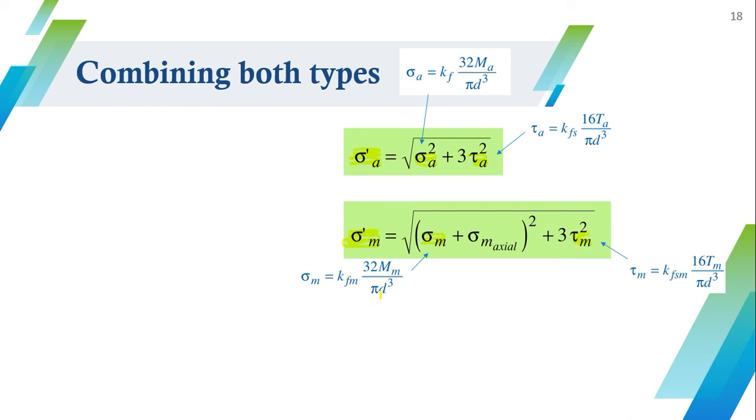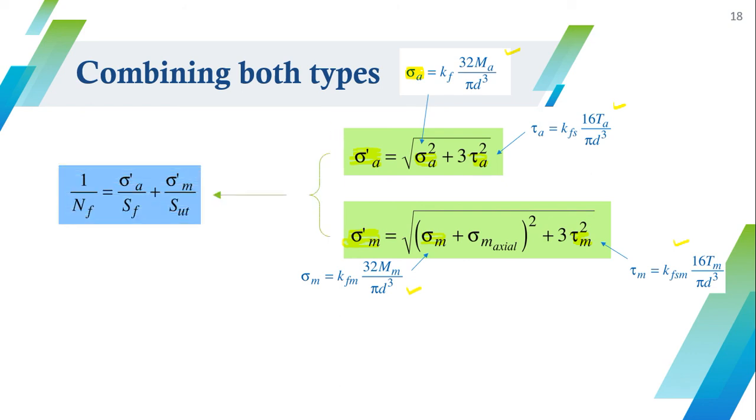For these we had already derived expressions right at the start of this discussion. So if we substitute these four expressions, then whatever result we get, sigma a prime and sigma m prime, we substitute into this equation.